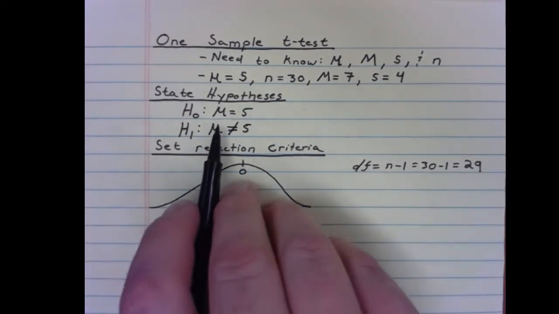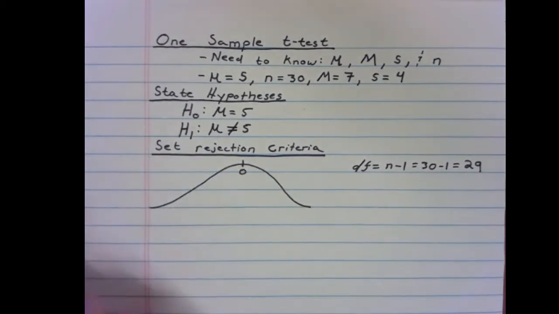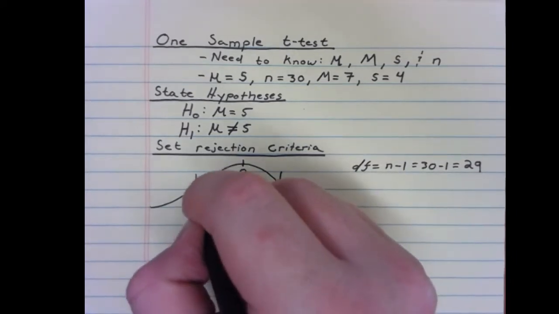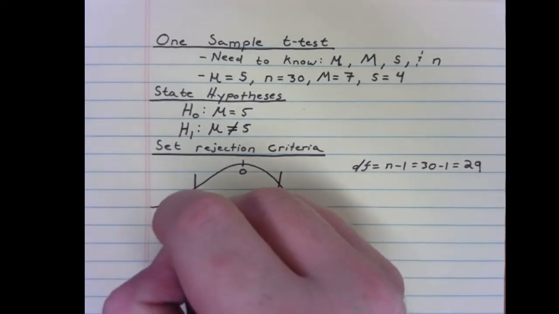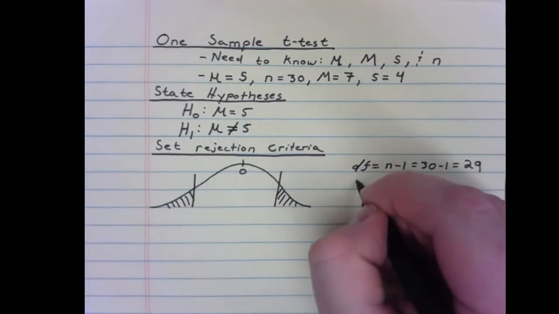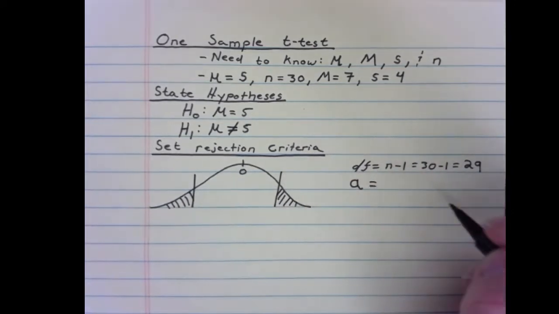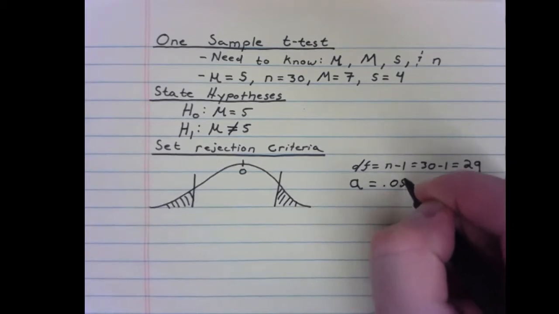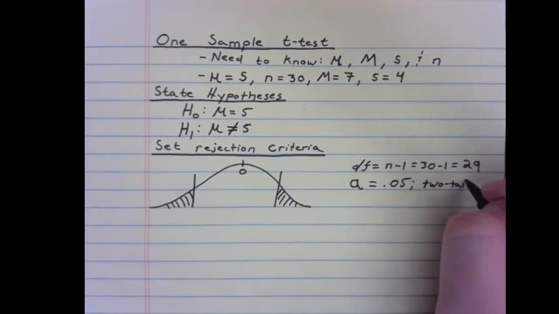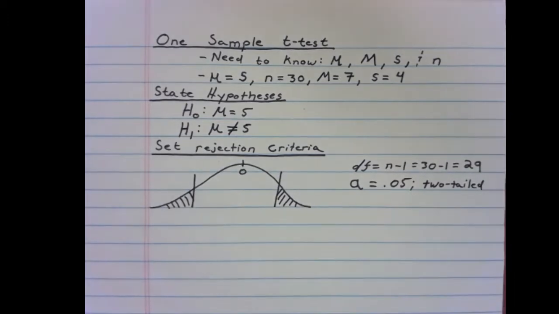Now, we have a two-tailed situation because we're saying equal and not equal to. It could be greater than, it could be less than. So we need to find the critical values that bound our critical region where our alpha level, and let's say we're working with an alpha of 0.05, which we already indicated is two-tailed, we need to figure out what that value is.